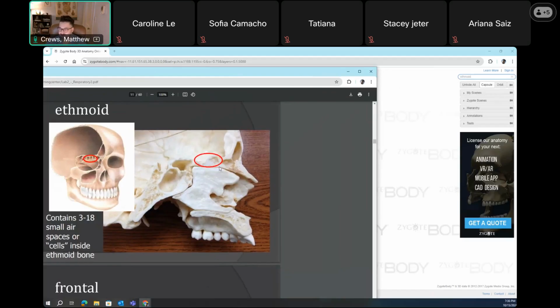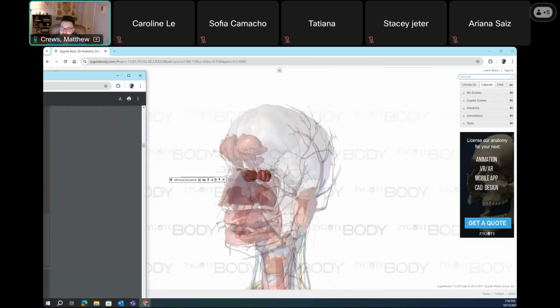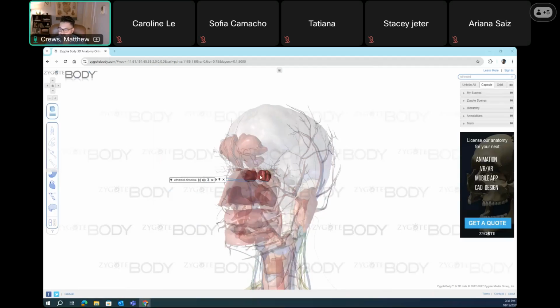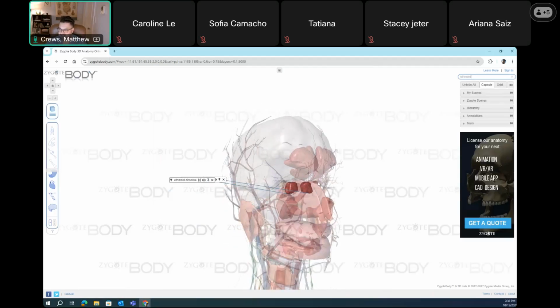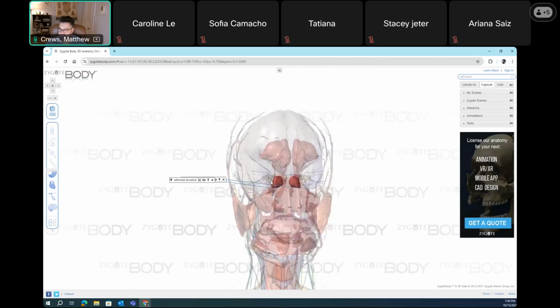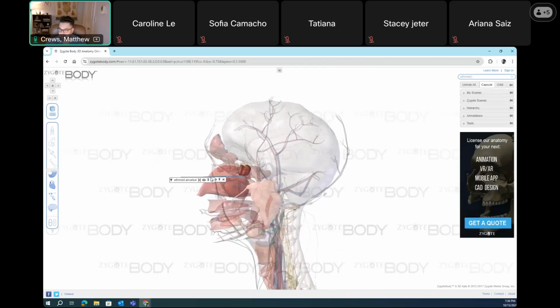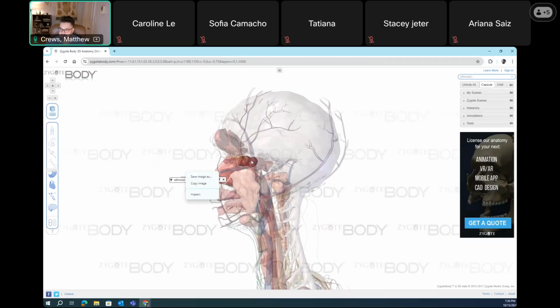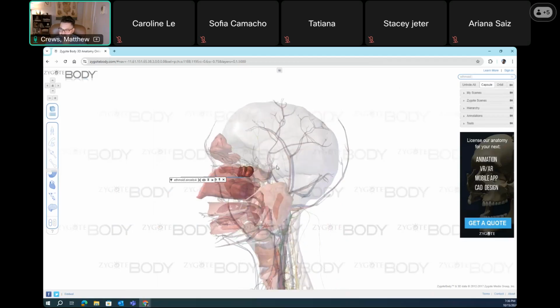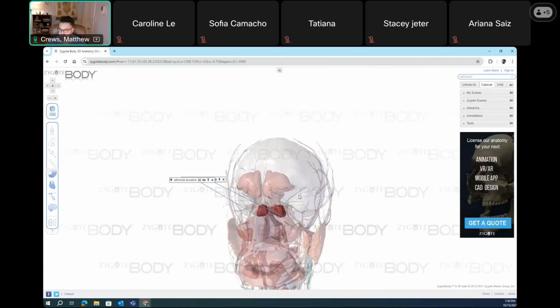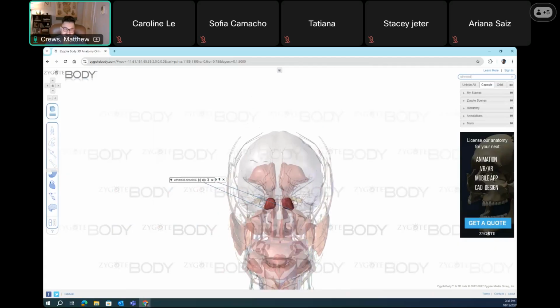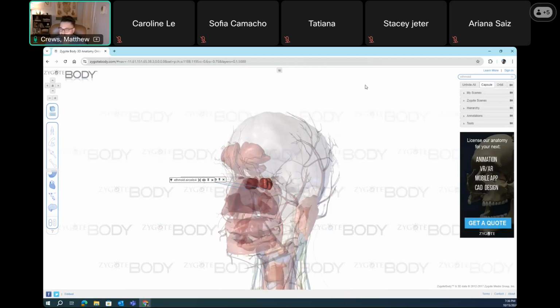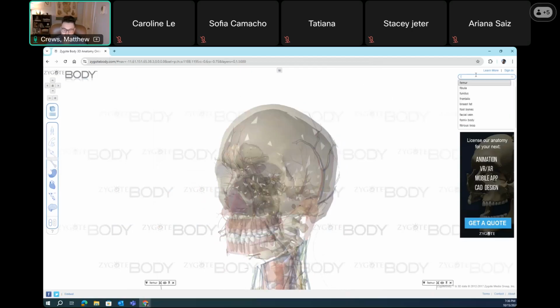Okay, so right there. And then within that, there are some air spaces. They're actually lined by nasal tissue, the same epithelial tissue. And they kind of inflate and deflate, and they look like that. These are the ethmoid air cells. Those are your paranasal sinuses. And then you also have frontal air cells too, within your frontal bone.